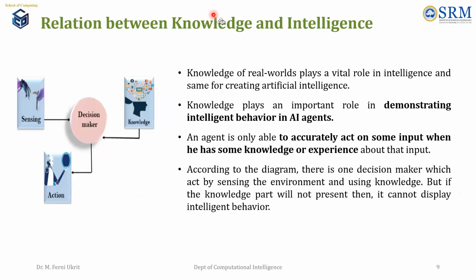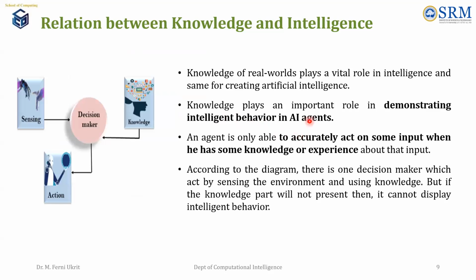Next, what is knowledge and what is intelligence? Knowledge always plays an important role. Based upon the knowledge only, you can tell that it is an intelligent behavior. Without having any knowledge, no one can be intelligent in that particular area. A person or a machine is considered intelligent only when they have some knowledge about a particular category or domain.